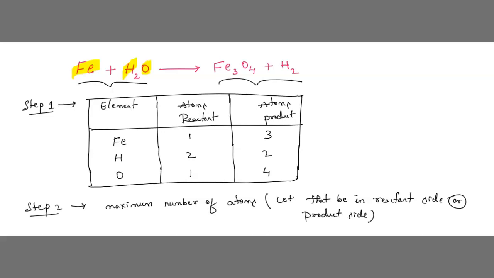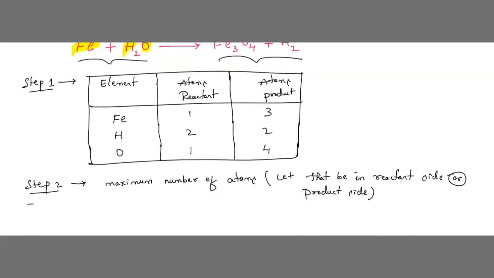In the product side. Can you see Fe3, here we have only 1 Fe, but here we have 3 Fe and 4 O. So on the whole we can see that in the product side we have the maximum number of atoms. Got it? So now we select the product side.